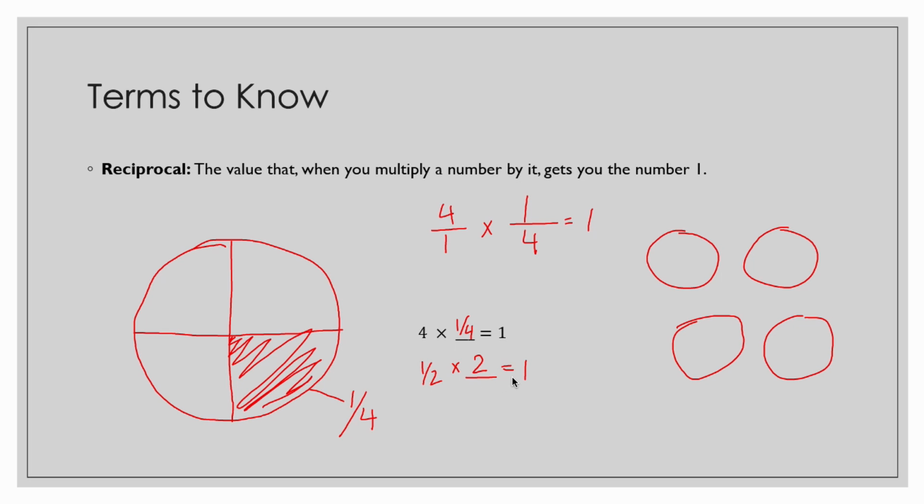And same here, if I write 2 as a fraction, this would equal 2 over 1 times 1/2, or you can put the 1/2 here, it doesn't matter. And this is equal to 1 too. So a basic rule of thumb when trying to find the reciprocal is just to flip the numerator and the denominator, and you get your reciprocal. And this is the basis for division, as we'll see in future slides.